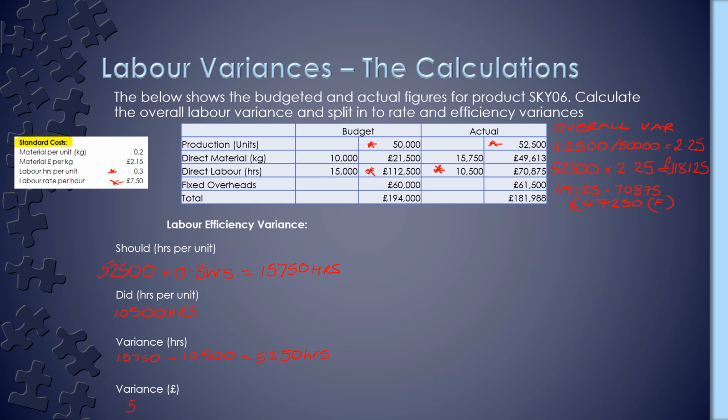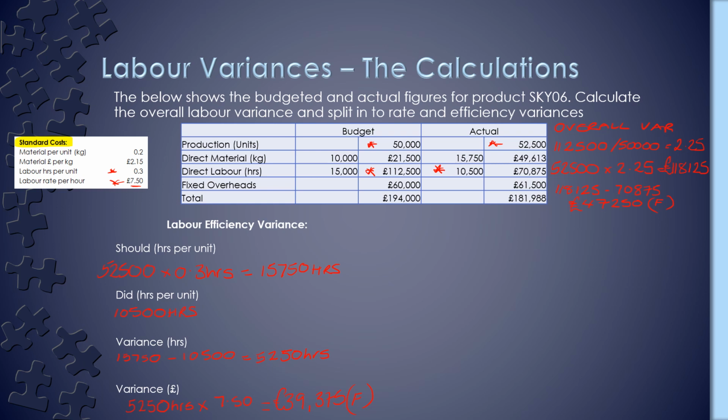So our variance in pounds is our variance in hours, 5,250 hours, multiply it by our £7.50 per hour expected rate, our standard cost, and that gives us a variance of £39,375 favourable.